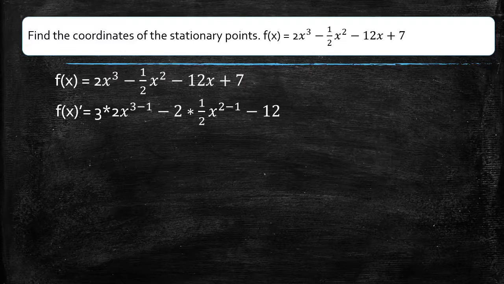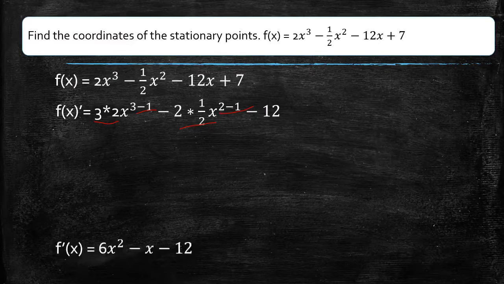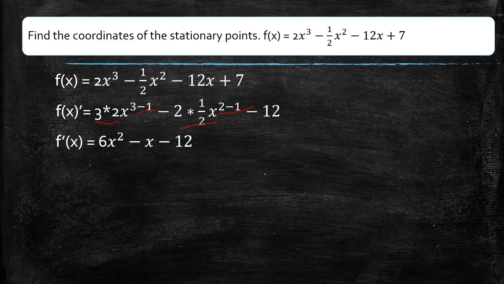In order to do so, you're going to use the formula in your formula booklet for the derivative of x to the n. Once you multiply and subtract everything, you'll find that the derivative of f of x is equal to 6x squared minus x minus 12.